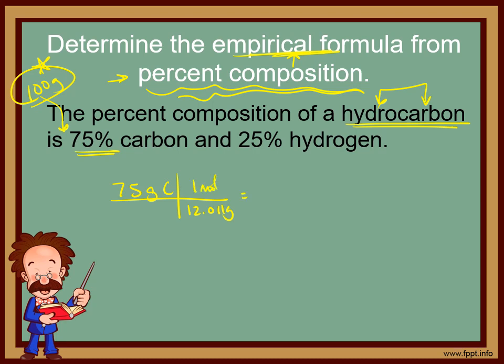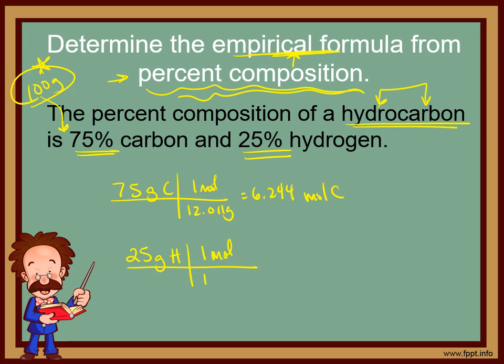Calculator says 75 times 1 divided by 12.011 equals 6.244. Lots of digits. We'll stop there. Moles of carbon. Do the same thing for my hydrogen. So I've got 25% of 100 grams. 25% of 100 is 25. So we've got 25 grams of hydrogen. I'm going to convert that also into moles.